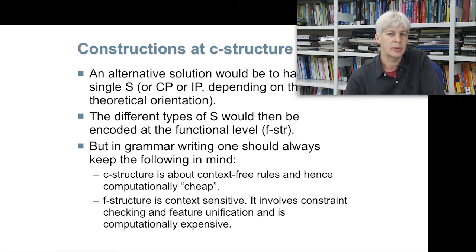If you are familiar with the Chomsky hierarchy, this is much more complex. It involves constraint checking and feature unification. It is computationally expensive in comparison to C structure. So if you can make C structure do more of the work, then that is generally a better option than having everything be done via F structures. That's just a grammar engineering strategy you should bear in mind with everything that you do.